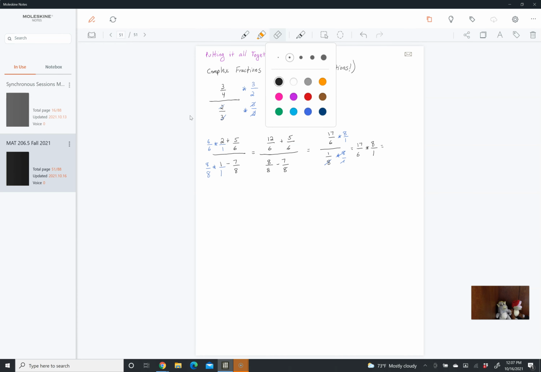And if you're good at your numbers, you can see that you can divide both the 6 and the 8 by 2, and you'll get 17 over 3 times 4 over 1. But if you're not that good at it and you would prefer just multiplying and then reducing, then you're going to get 136 over 6, which is the same thing as 68 over 3.